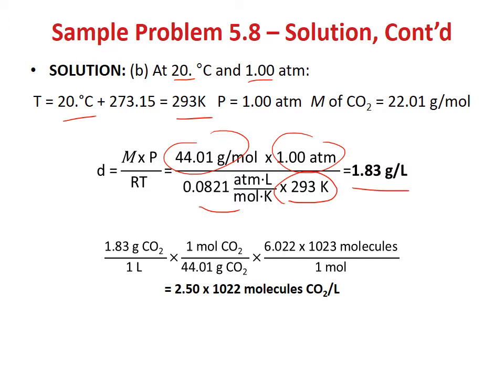Compared to 0 degrees, this is smaller, so increasing temperature decreases density. Next, we convert from grams to moles per liter by dividing by molar mass, and then multiply by Avogadro's number. So moles cancel, giving you the number of molecules.